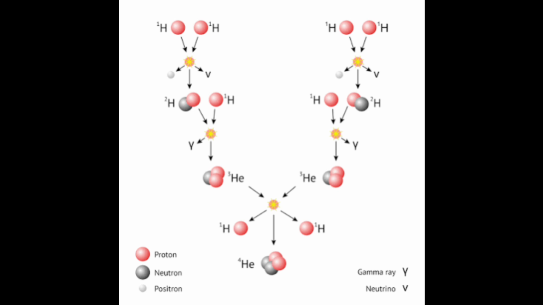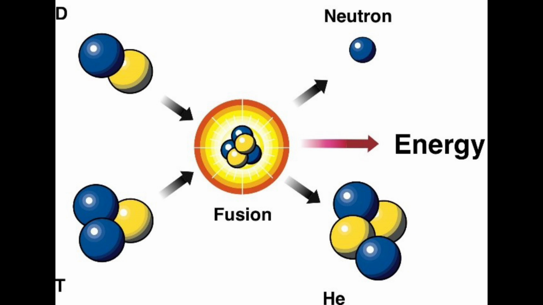It occurs only where the temperature and pressure conditions are so enormously high that protons can combine and neutrons can combine to create a heavier atom. So hydrogen combines and forms helium, and the energy that is released is purely E equals mc squared, and it's a huge, enormous amount of energy.